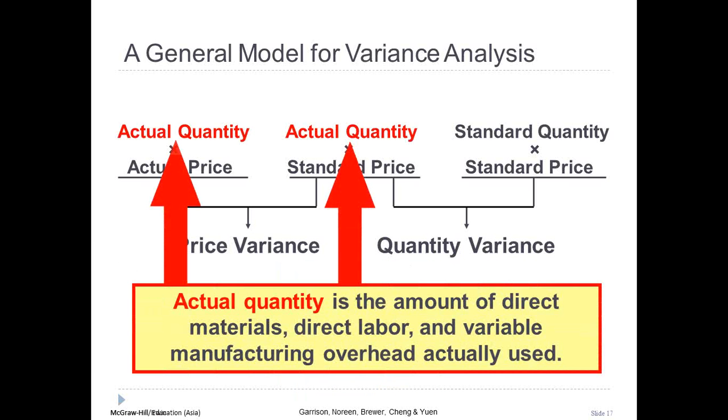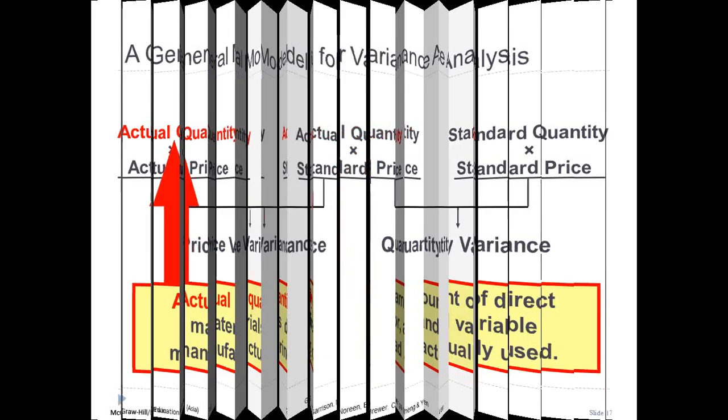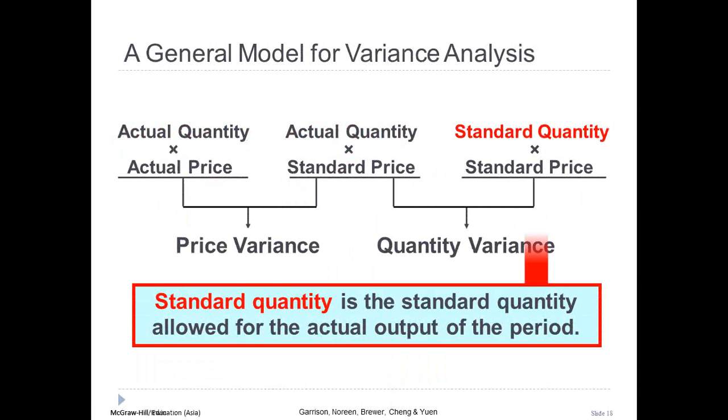The actual quantity represents the amount of direct materials, direct labor, and variable manufacturing overhead actually used. The standard quantity represents the standard quantity allowed for the actual output of the period.